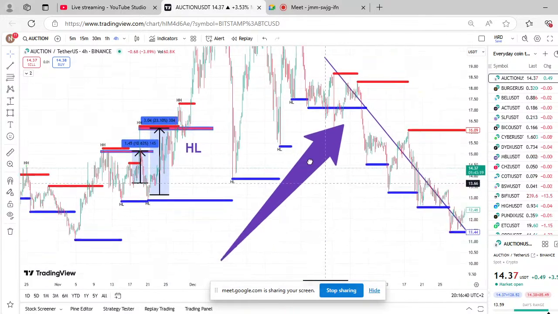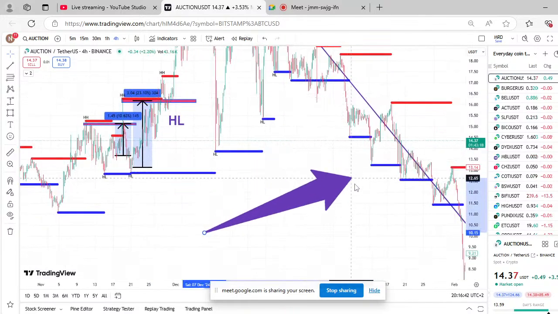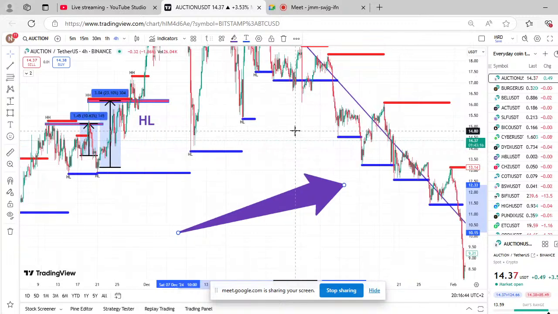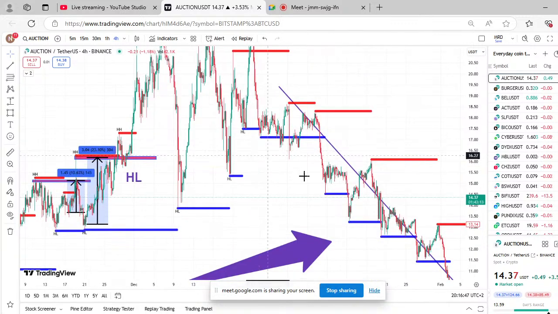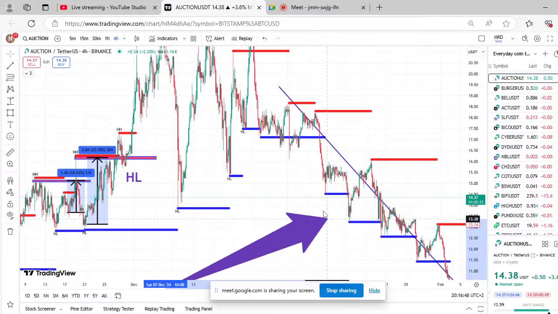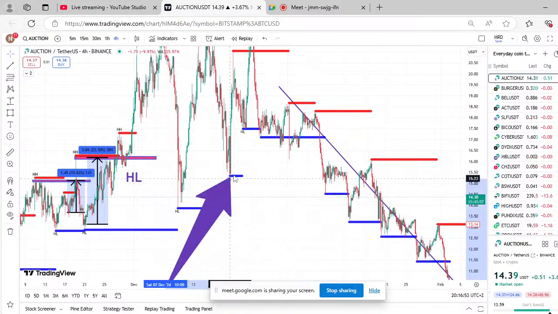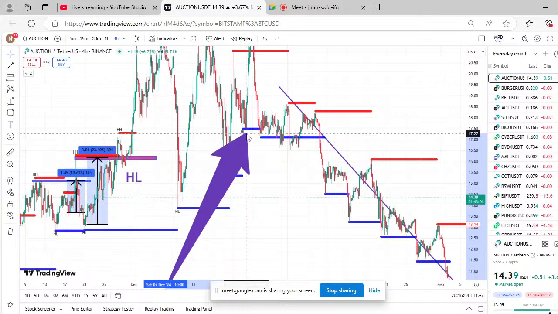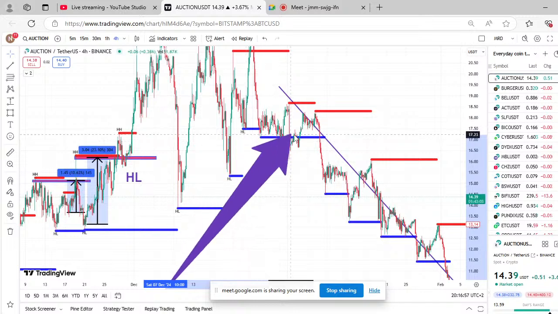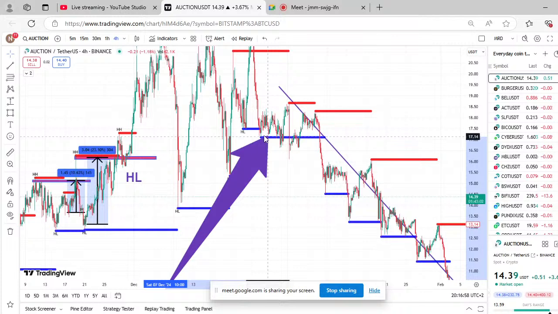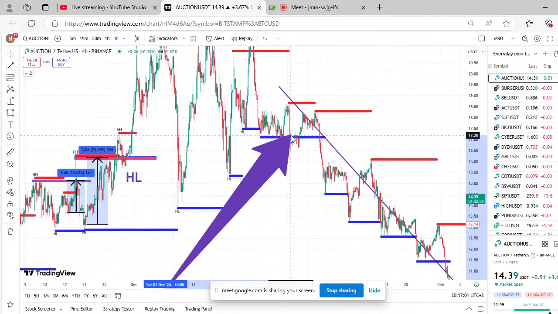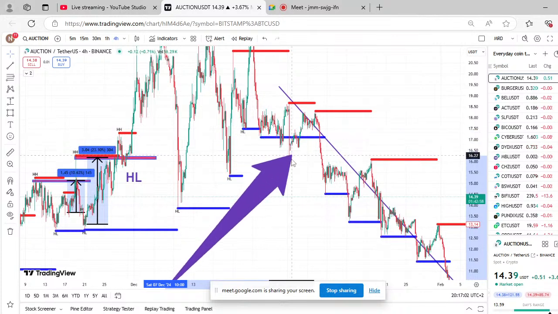Now let's go here. For example, here we have a small uptrend. Now let us look at this point. When you look at this higher low, and this one, and this one, we can see that after breaking the previous higher low, the market automatically forms a lower low.